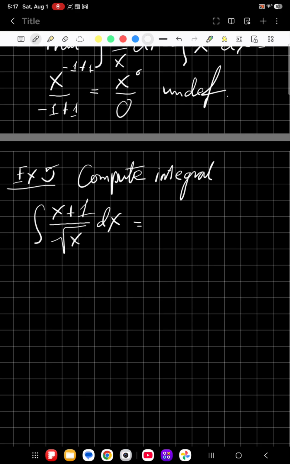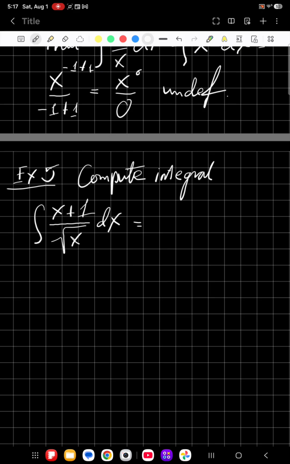Okay, so as I was saying, it's a good idea to change that rational expression to an expression where that variable in the denominator is expressed as an exponent.